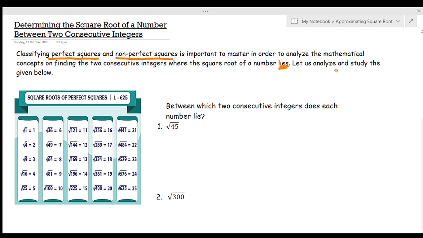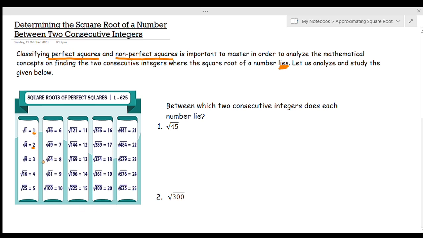So let's analyze and study the given below. So here are the numbers from 1 to 625, the perfect squares. The square roots of these numbers result to 1 to 25.